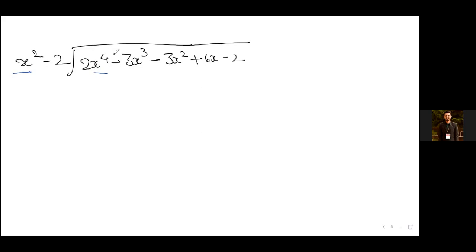What term? We can multiply this by 2x square. 2x square into x square gives us 2x to the power 4. Then multiply this with this, we get minus 4x square.